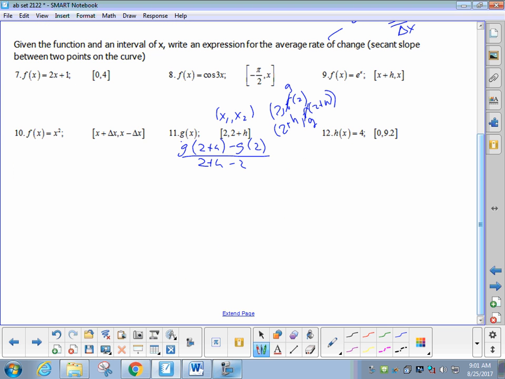That represents change in y over change in x. That's average rate of change. That's secant slope. They all are the same thing. Really, other than the denominator, I really can't do much more. I didn't identify g. The question was I wanted you to make sure you use g, not f.